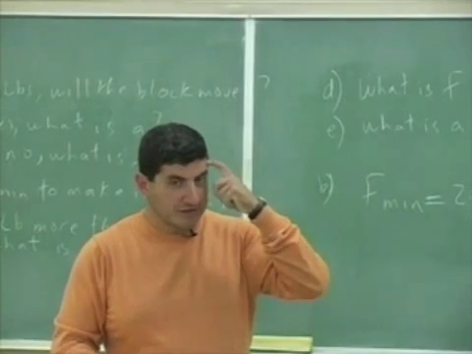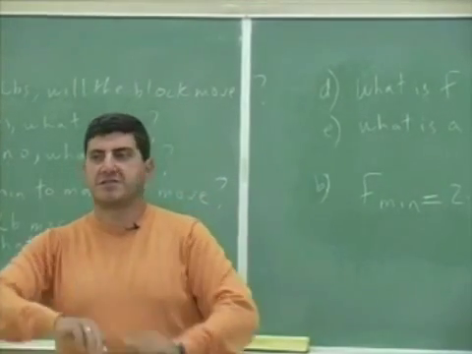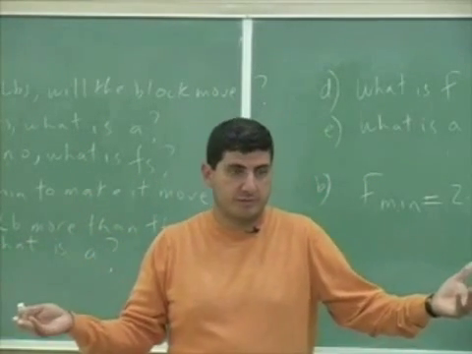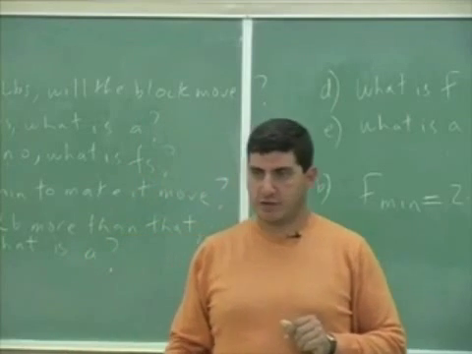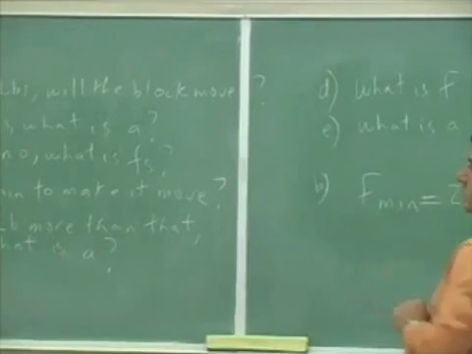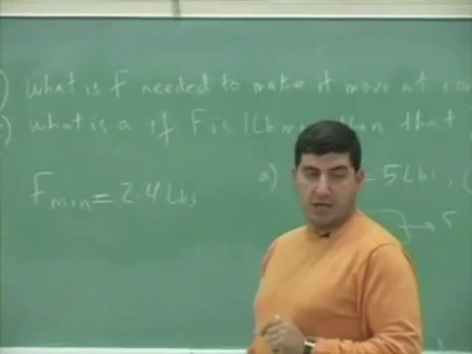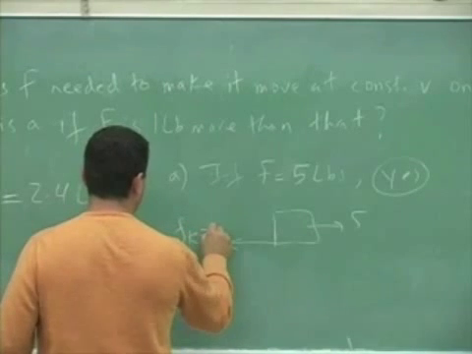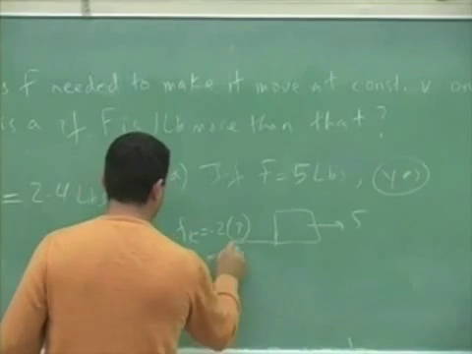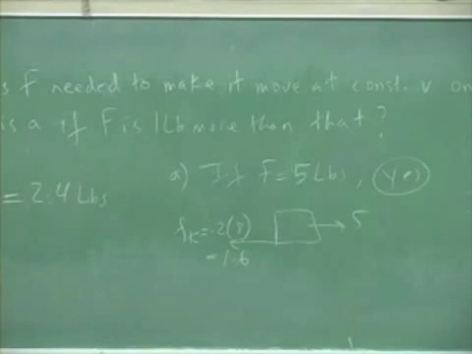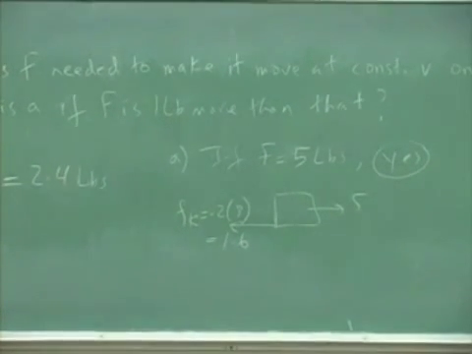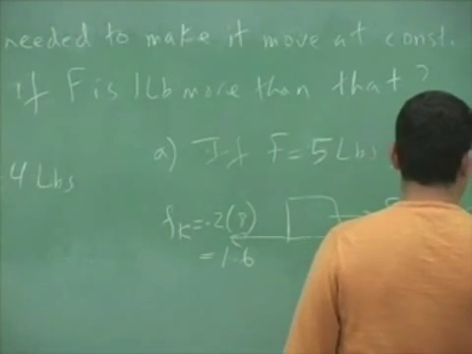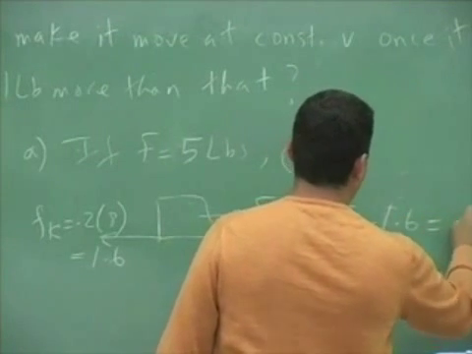You have to remember that if the thing is moving, static friction force has ended its life. It's done its job. Kinetic friction force takes over now. So 0.2 times 8 pounds, that's the friction force Fk, which is 1.6 pounds. So now you do 5 minus 1.6 equals ma.